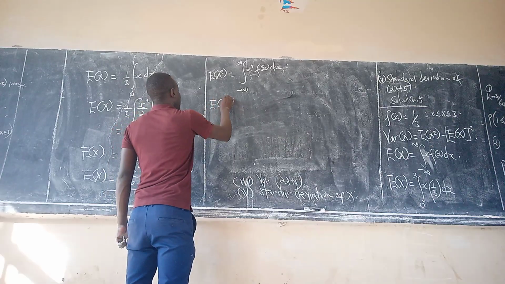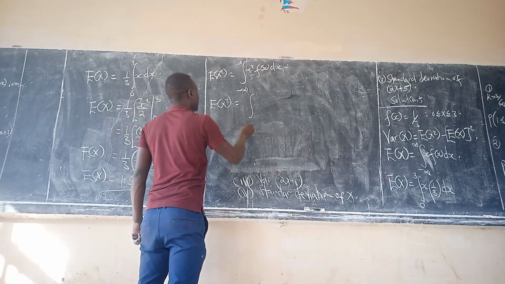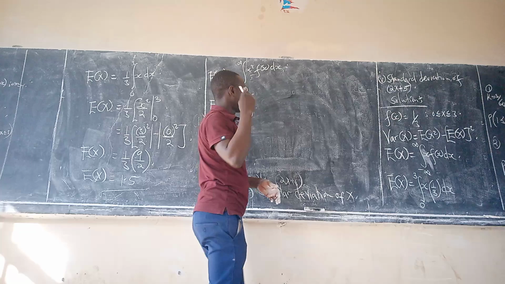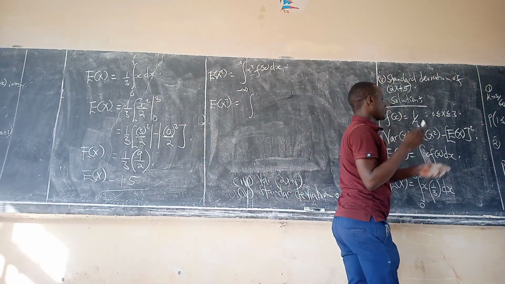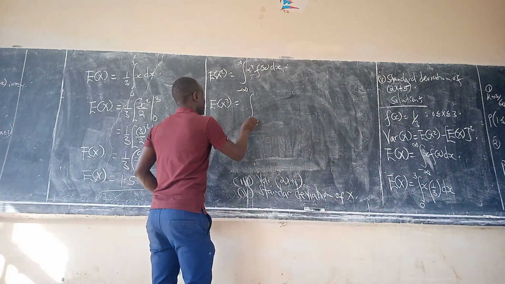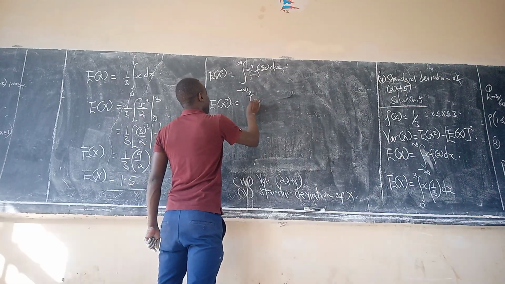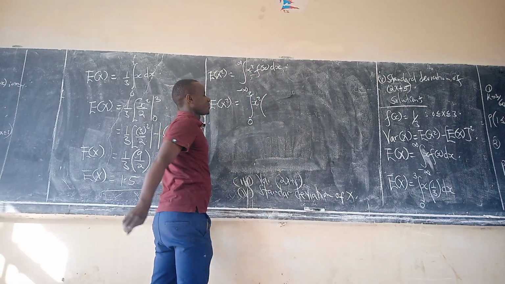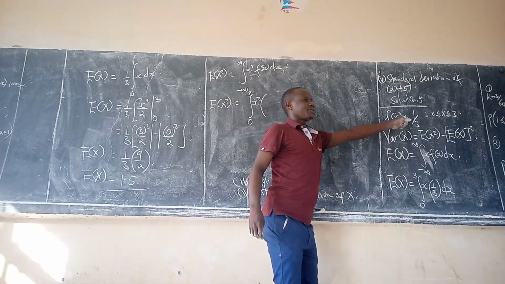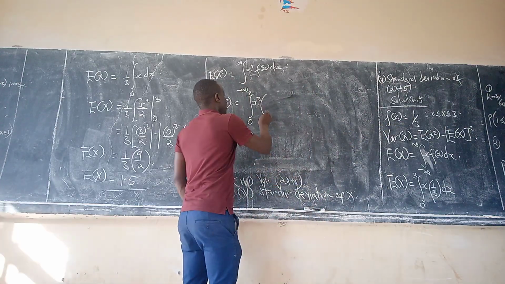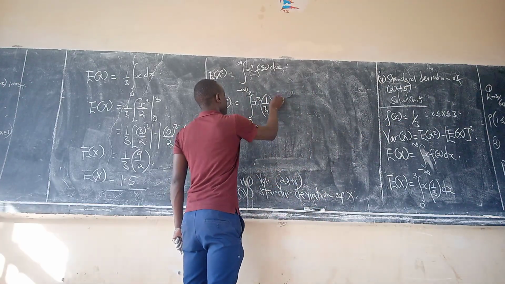So for the PDF given, it is running from 0 to 3. We have x squared, then the PDF is 1 over 3, dx.